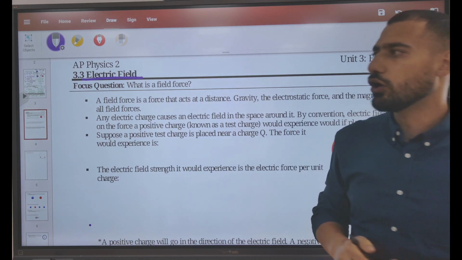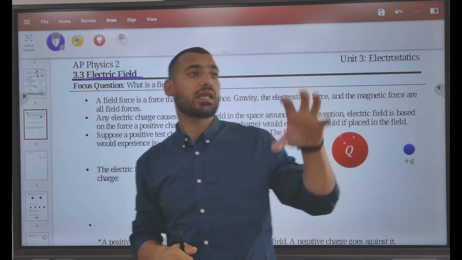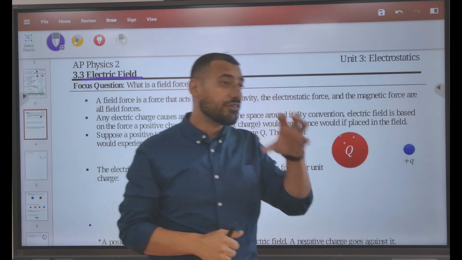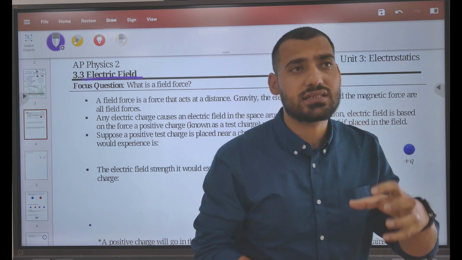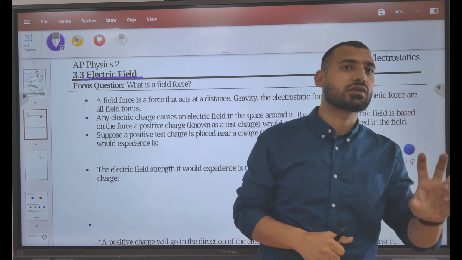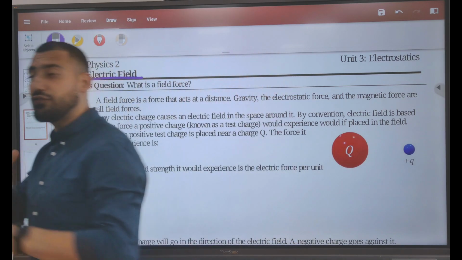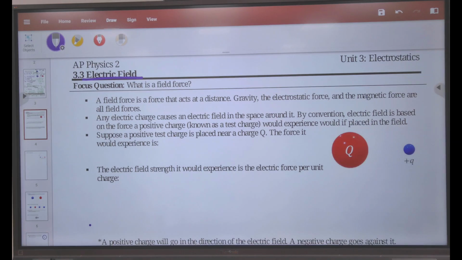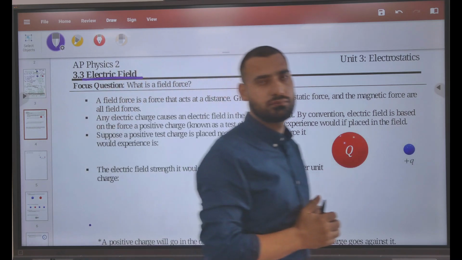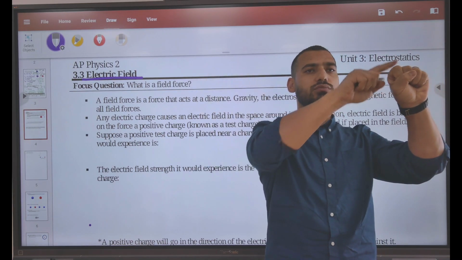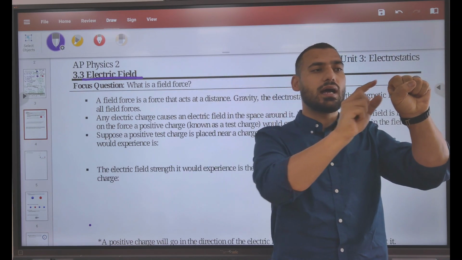Similarly, when you talk about charges, charges also modify the space around them. The modified space around a charge is called an electric field. Is that fine? It is in this electric field, in this modified space, that other charges can be attracted or repelled. For example, there are two charges. Now this charge modifies the space around it up to some point.